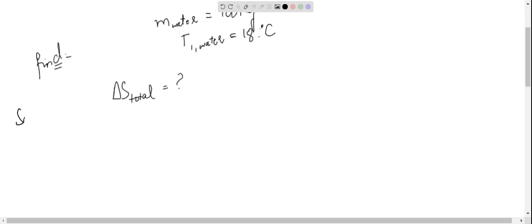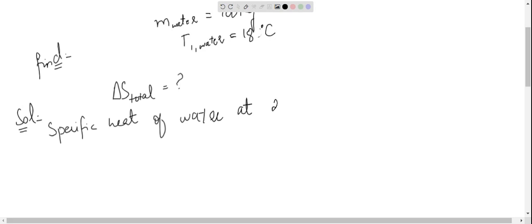So here our solution starts. First of all, we must know some terms: the specific heat of water at 25 degrees centigrade is Cp equals 4.18 kilojoule per kg degree centigrade.